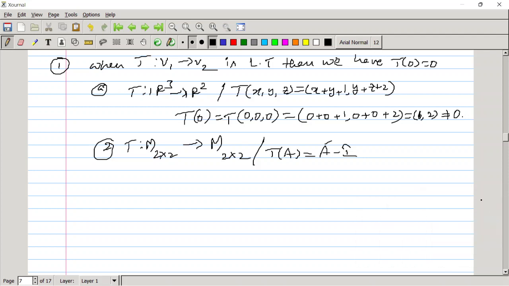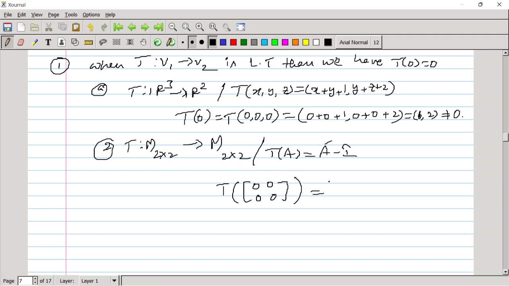In this vector space, the zero element is the zero matrix, that is (0 0; 0 0).